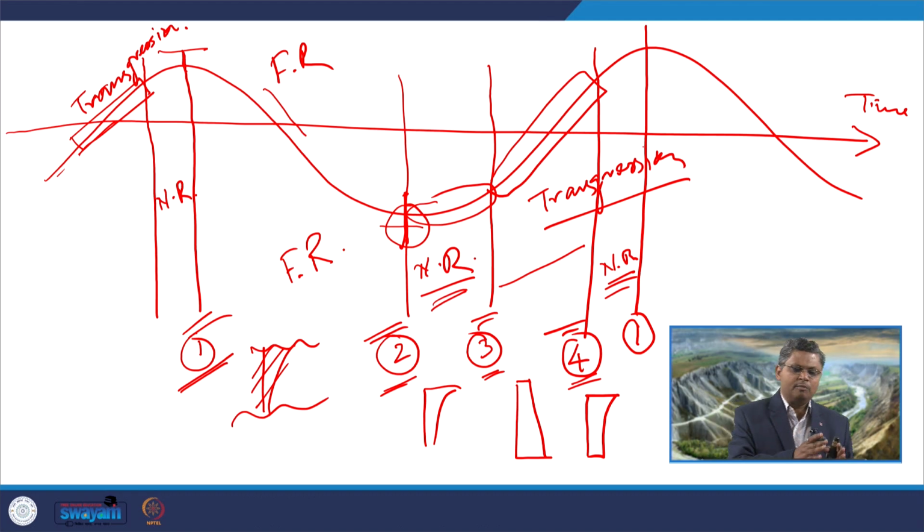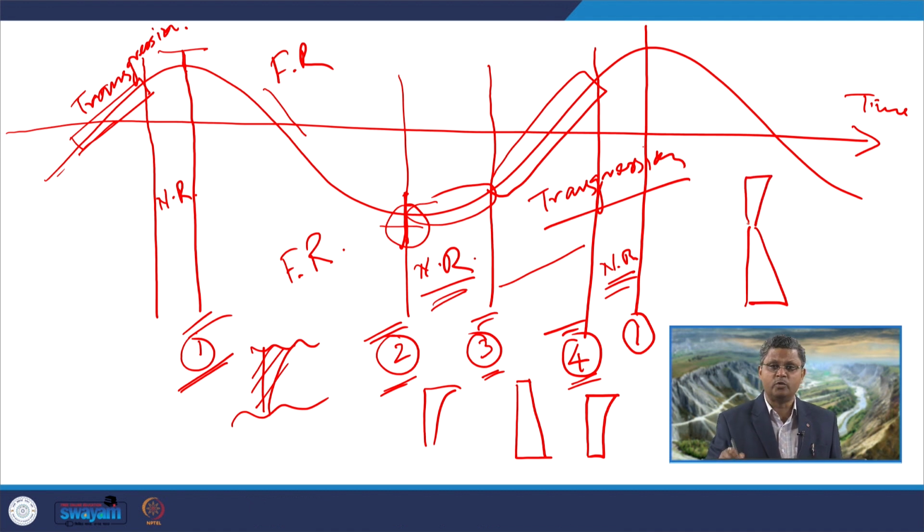So, starting from this transgression to the next transgression, what we get? We get initially during the transgression a fining upward succession, followed by a coarsening upward, which is progradational plus aggradational, followed by some succession which is again progradational with some erosions, or maybe this is entirely erosional, followed by another progradational pattern, followed by the next transgression which is a retrogradational pattern.